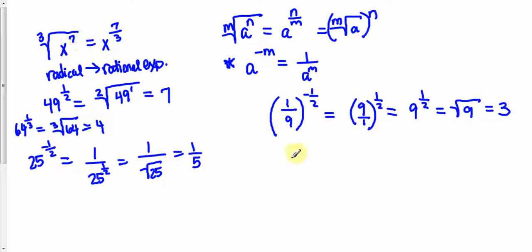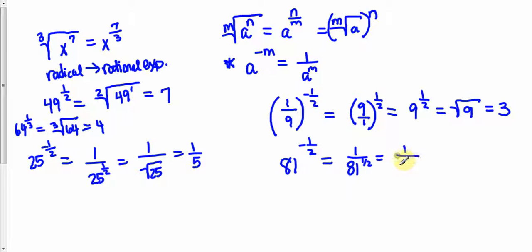Let's do one that's a little opposite this. What if I gave you 81, actually I just did that over there, but I'll do this one too, to the negative 1/2. So that means it's 1 over 81 to the positive 1/2 using your negative exponent rule from your last math class.